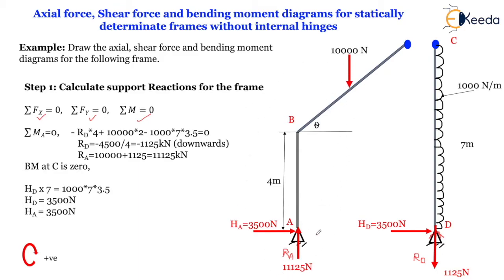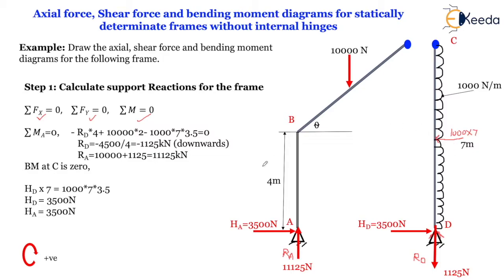So 10,000 into 2. Then let us consider UDL. So it is 1000 into 7, and it will act somewhere in the middle of it. So it will act here in the middle. So we have to consider half of that distance. Wherever it is acting on the particular span, we have to consider half of the distance. So this is 1000 into 7, and this distance will be 3.5 meter.